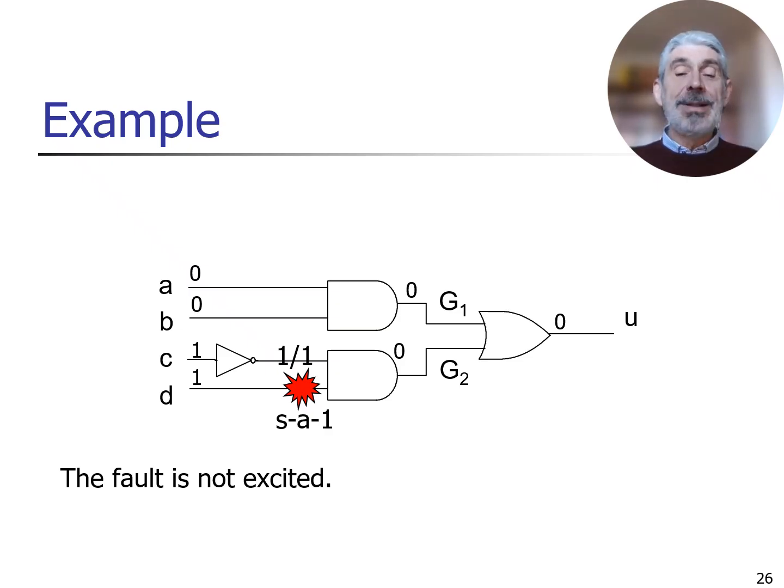Clearly, if I want to detect the possible occurrence of this fault, line D stuck at 1, what I need is first to create an error inside the circuit created by this fault, and then to propagate this error so that it becomes a failure, which in this case can only be visible on output U, since there is a single output U. If I apply the input pattern 0011 to the inputs of the circuit, the line will be forced to 1 and I will not excite the fault.